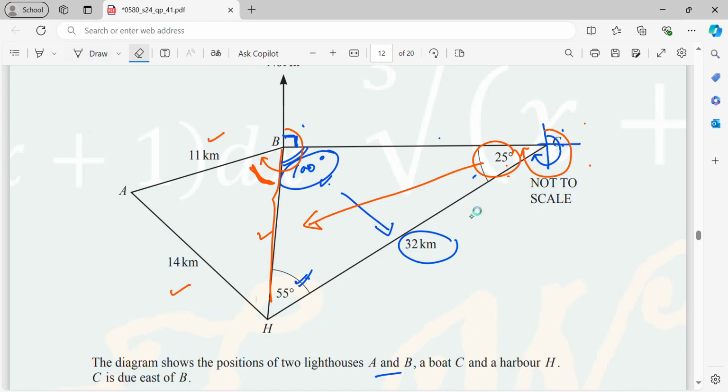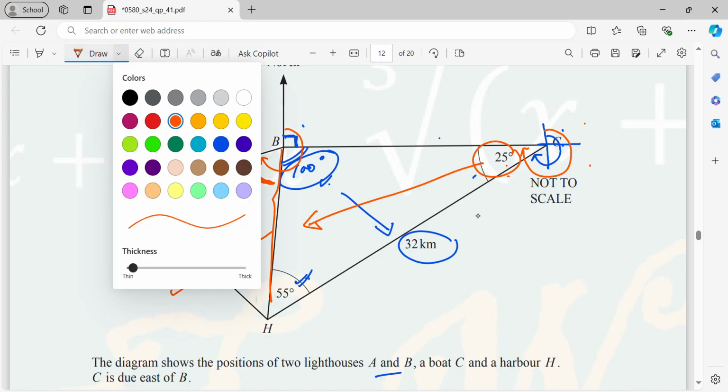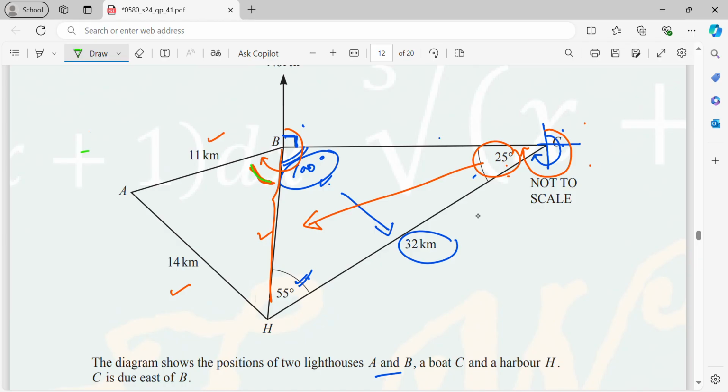So for the cosine rule, you have to be careful with this. This angle ABH, the opposite side is 14. Okay, so we have the triangle. Let's say here ABC. This is capital A. This is lowercase letter a.